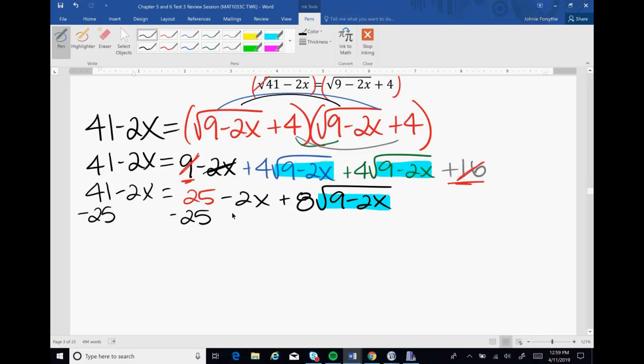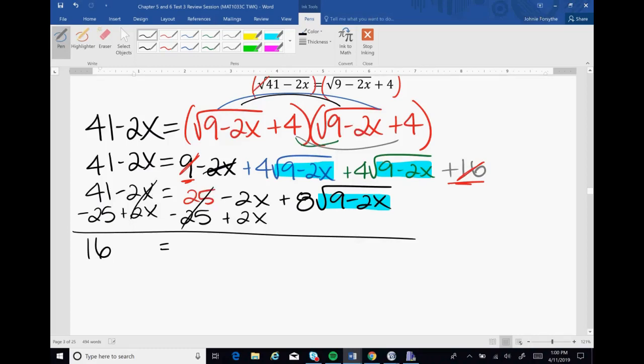And then I can add this 2x to both sides like that. Let's see what happens. So 41 minus 25 is 16. Negative 2x plus 2x cancels. 25 minus 25 cancels. That cancels, and I have 8 square root of 9 minus 2x. Let me write that 16 a little closer.